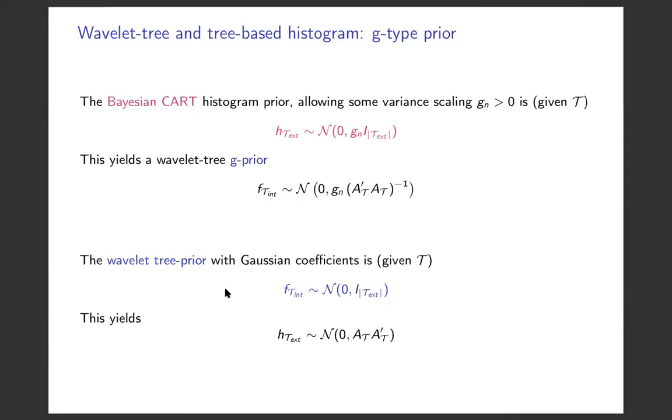On the other hand, you can also start from a Gaussian on the inner coefficients and translate it into the histogram heights, and that gives you a different prior on the histogram heights with some covariance matrix. Actually, this second prior is slightly easier to study because it has a diagonal covariance matrix. So we started from here, and then using this equivalence, this dictionary, we could also get the results for the true Bayesian CART.